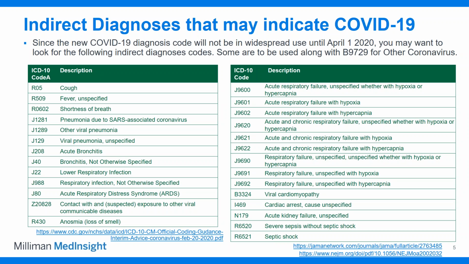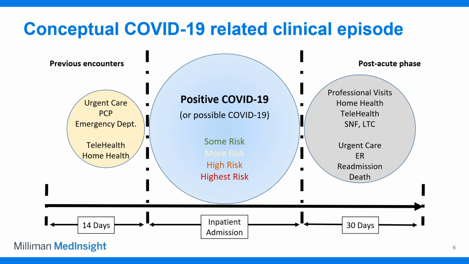Okay. I'm going to move on if that's okay. So this schematic is trying to help us think about all the clinical services and other transactions throughout the care journey. Now, the CDC notes that symptoms may, this is their word, may appear within 2 to 14 days after exposure based on the incubation period of MERS-CoV viruses.